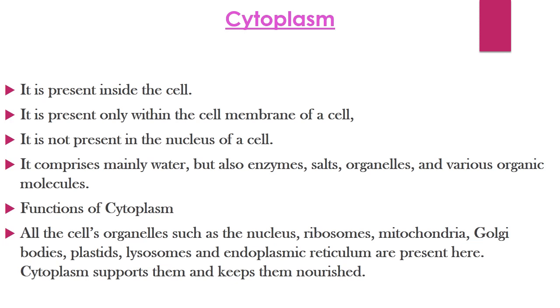It comprises mainly water but also enzymes, salts, organelles and various organic molecules. Function: all the cell organelles such as nucleus, ribosomes, mitochondria, Golgi bodies, plastids, lysosomes and endoplasmic reticulum are present here. Cytoplasm supports them and keeps them nourished.